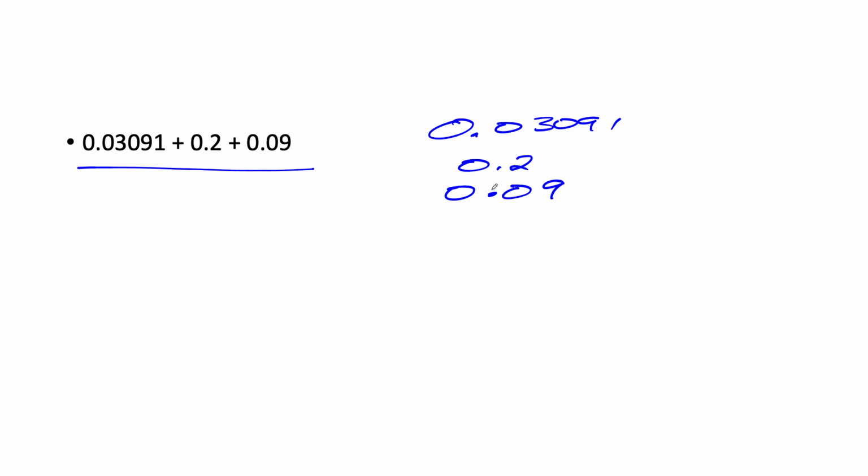Now this is what we want to do. I'm going to put dashed lines. And if you get something that looks kind of bad, I'm going to try this again.